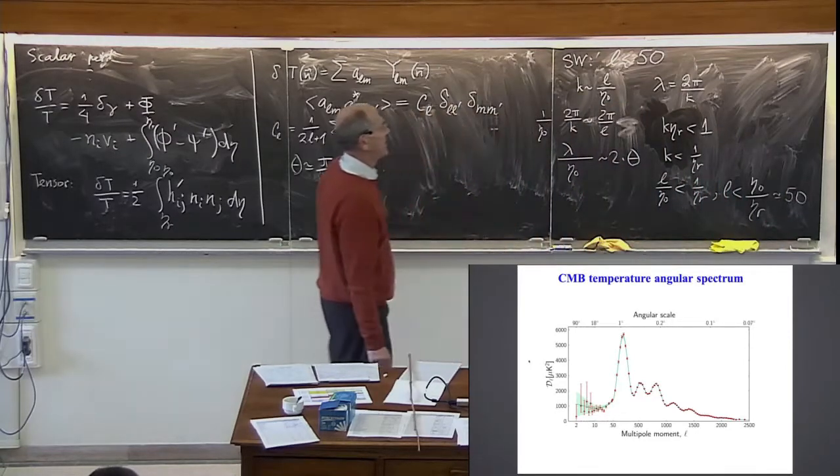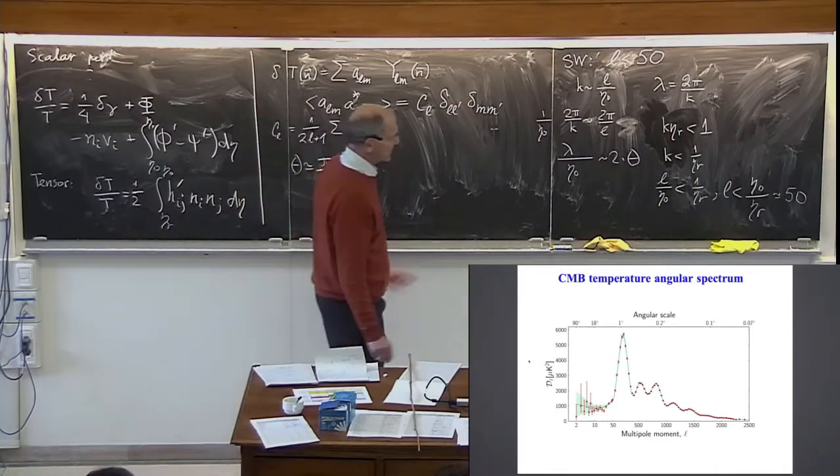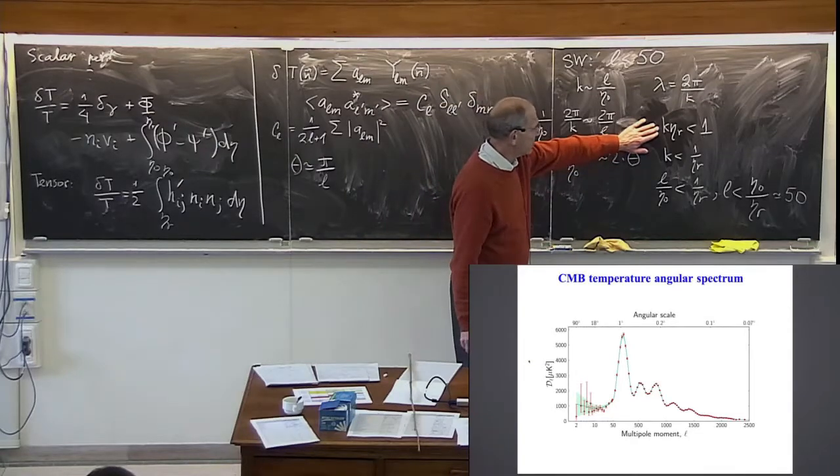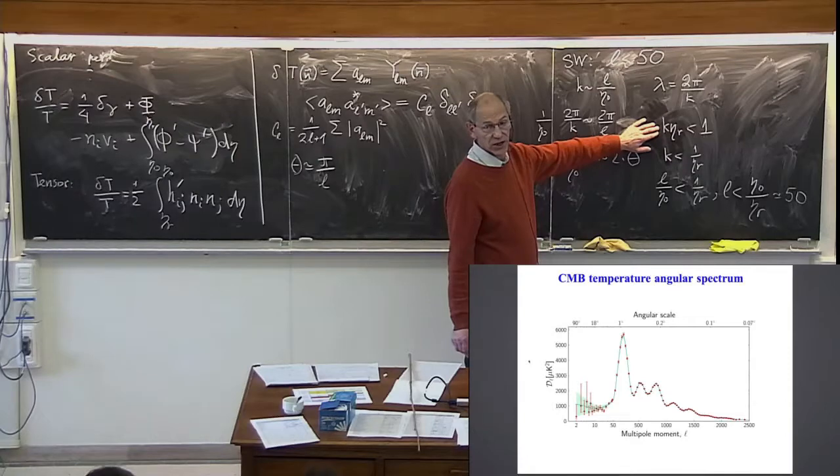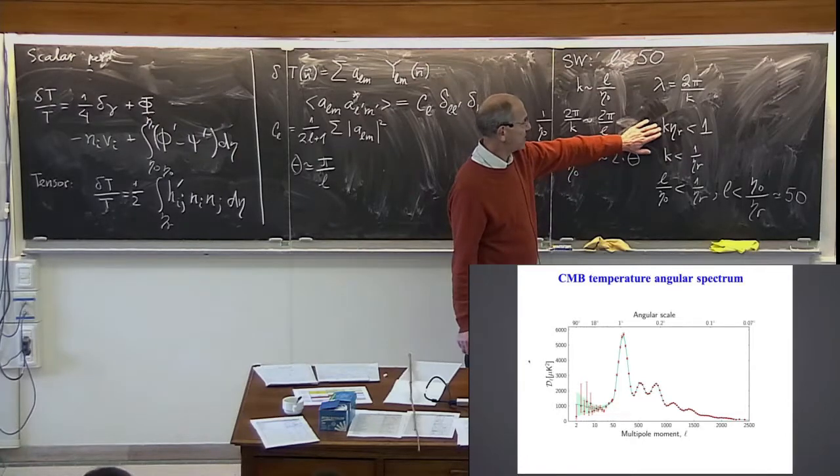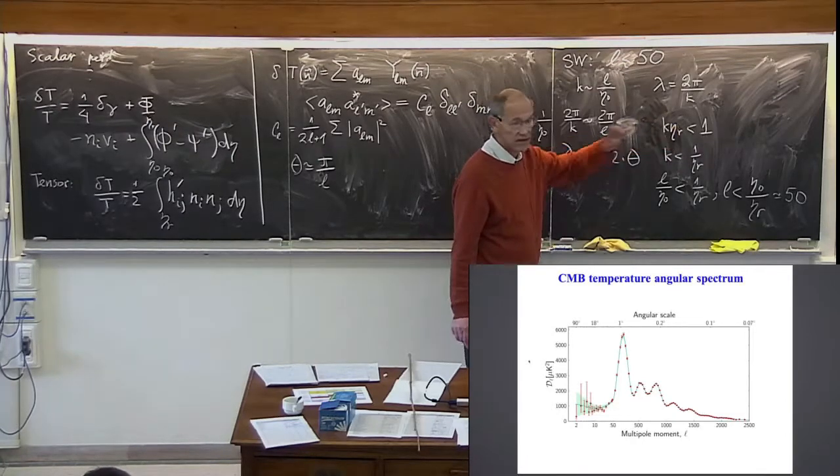Okay, so let me say again. Let's consider the modes which are superhorizon at recombination epoch. These obey this relation that K eta r is less than 1.